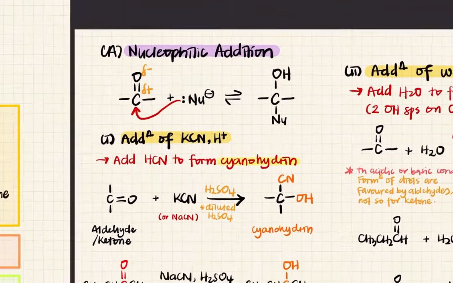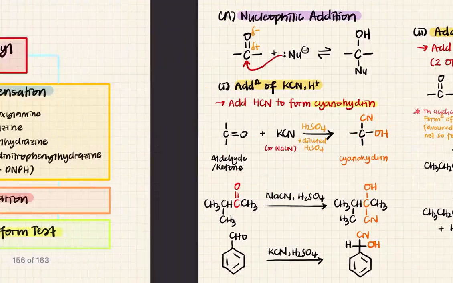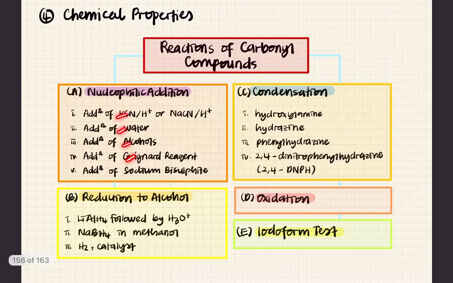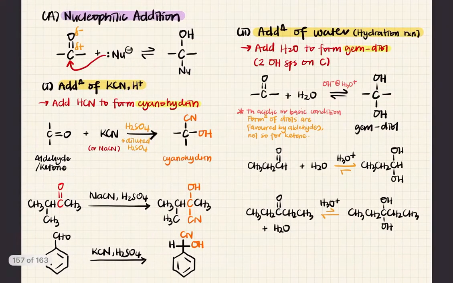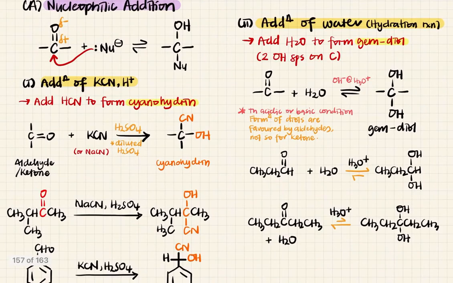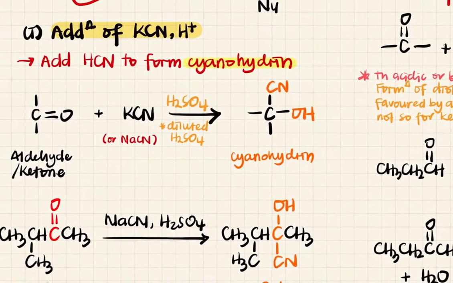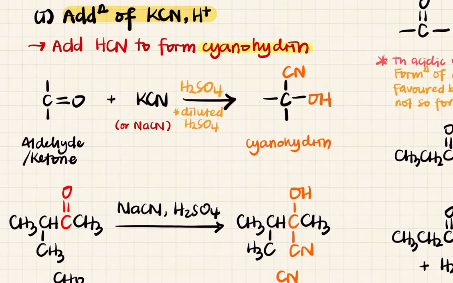Alright, so there are berapa types? 1, 2, 3, 4, 5 nucleophilic additions. The first one is the addition of KCN in the presence of acid. So acid catalyzed, basically you are adding HCN.